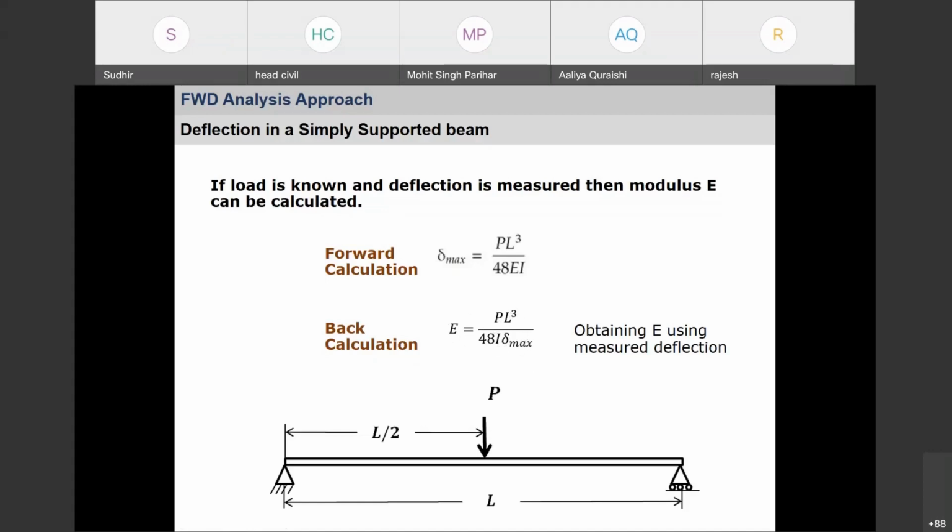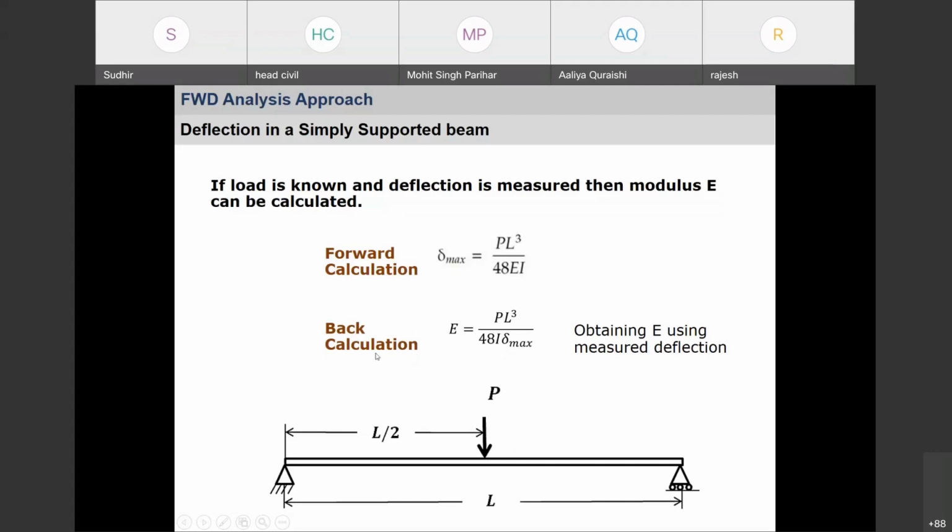In this way, you are basically back calculating the modulus value. How? Through measuring the deflection in a simply supported beam, because you didn't know the E value of the material used in constructing the beam. So you want to back calculate the E of the material used to construct this beam. This is basically back calculation.